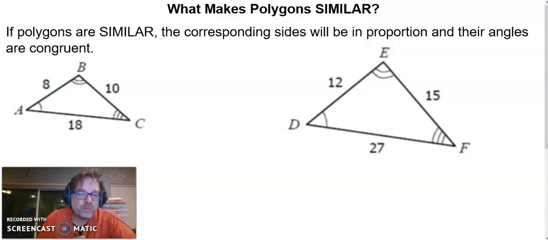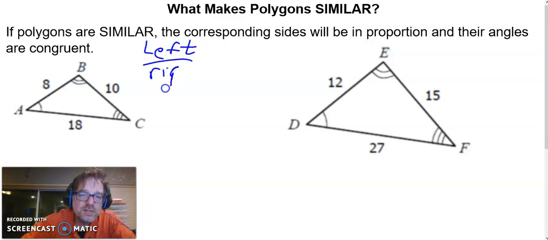Now, we're talking about proportional sides. When we do proportional sides, we're going to start with left and go over right. When we make our fraction, I like to write left over right. I can write right over left, but that to me is just weird.